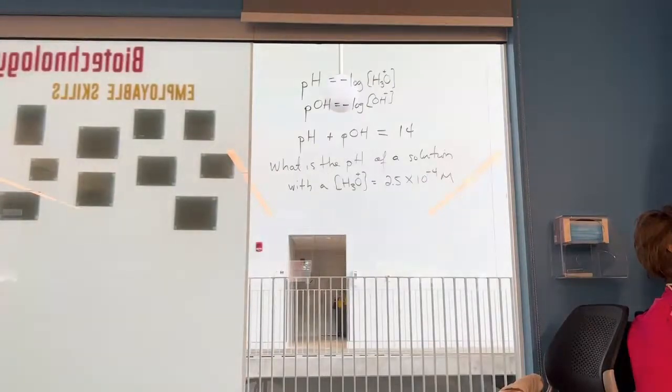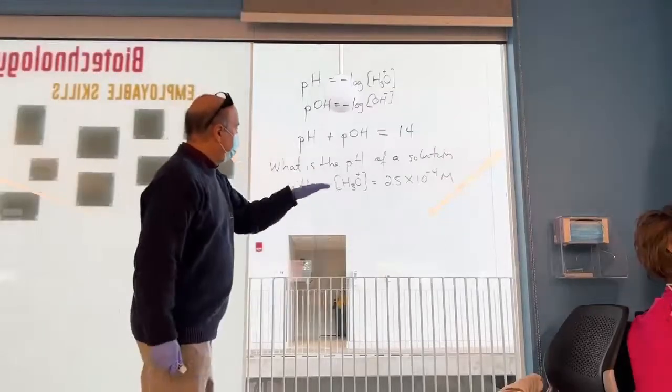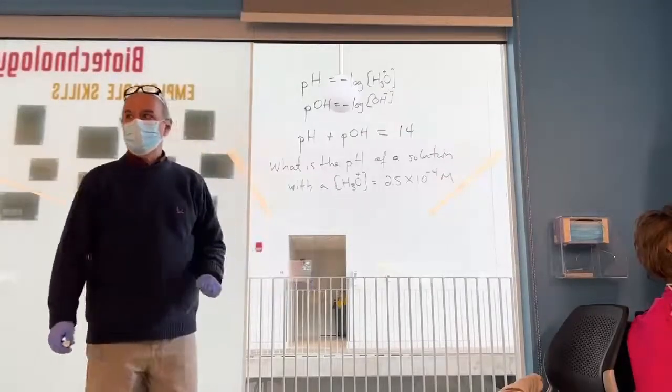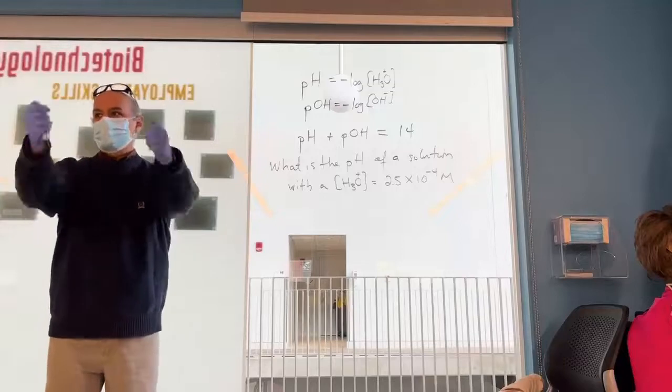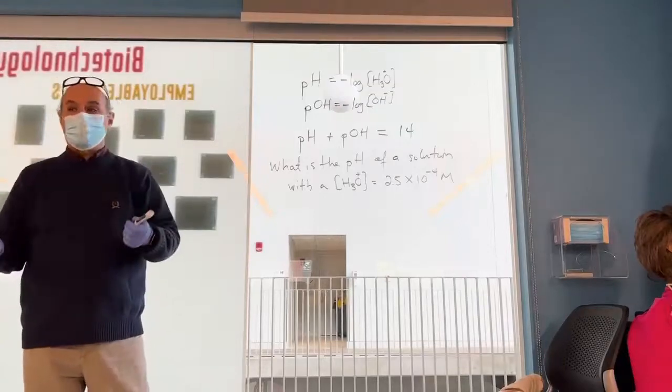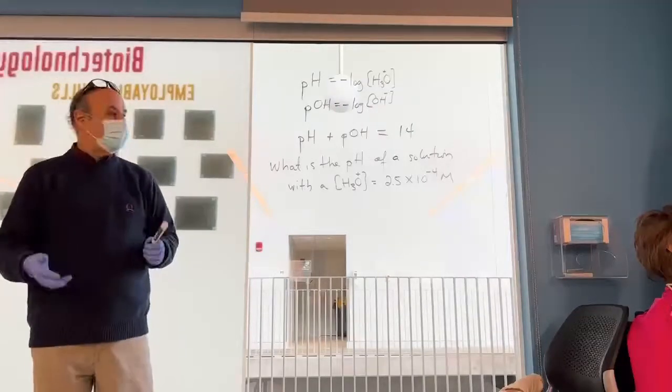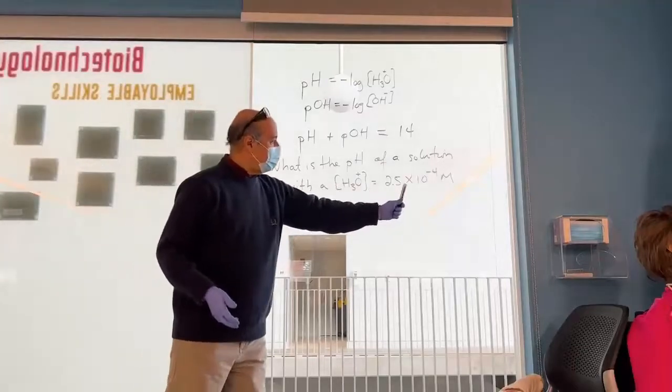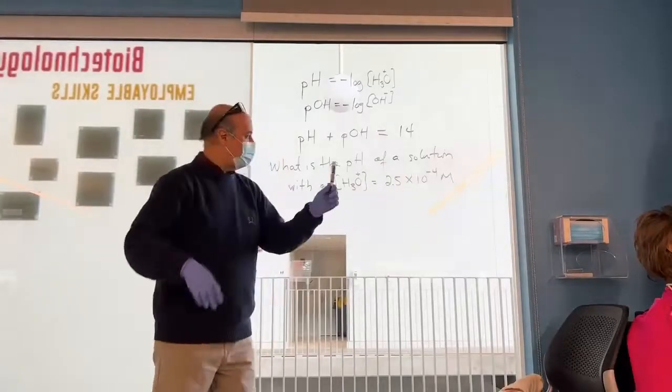So we want to know what is the pH of such a solution. You measure the concentration. The machine does it for us, by the way. The pH meter measures this value and then it converts that into pH.